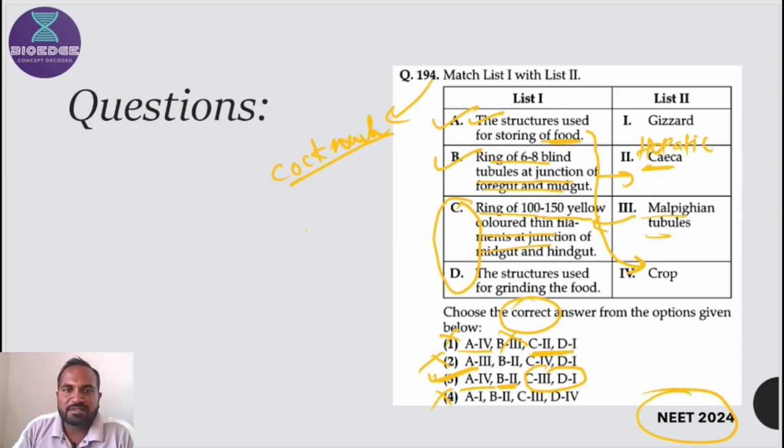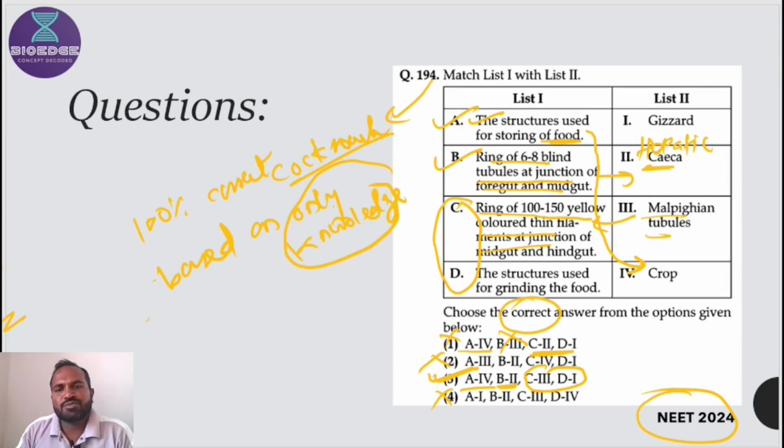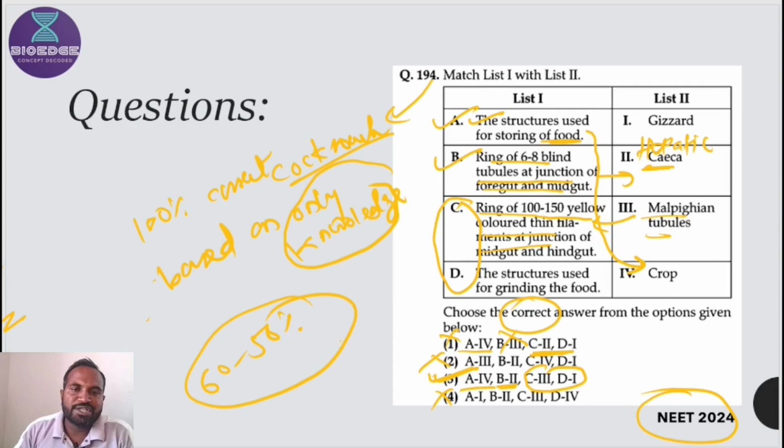So that's why toppers in the NEET never get 100% of questions correct based on only knowledge. Only knowledge can give you a score of 50 to 60% at maximum. And 50 to 60% of the score of the NEET toppers is based on strategies.